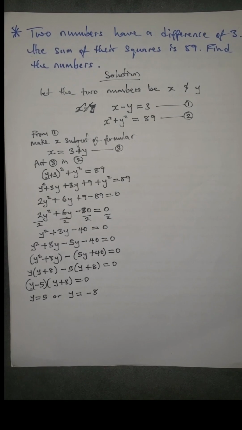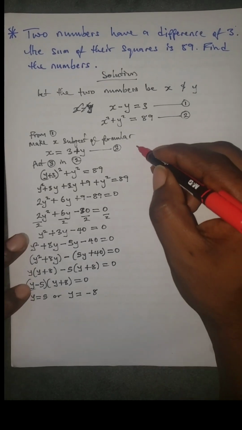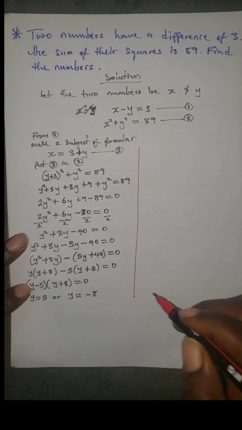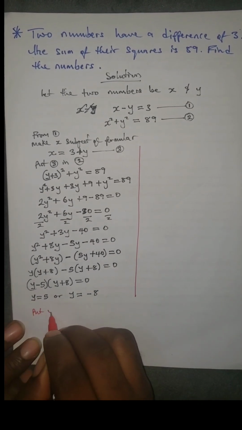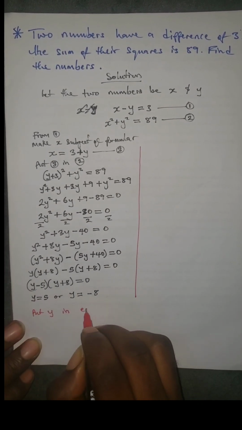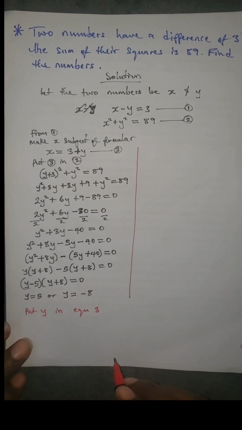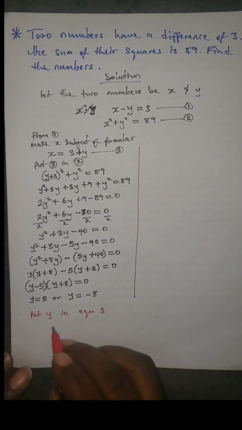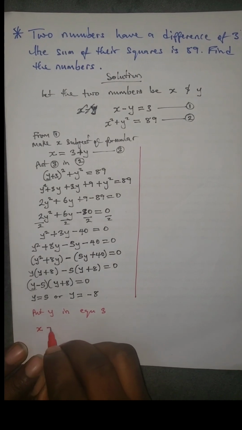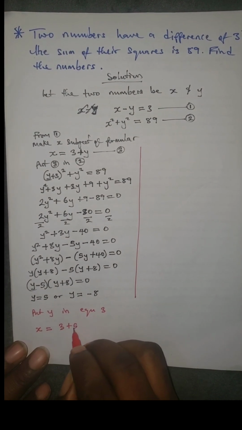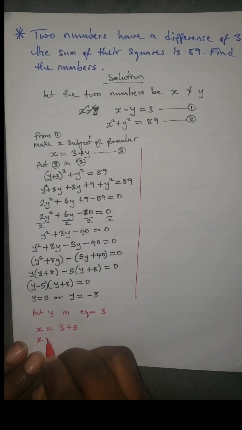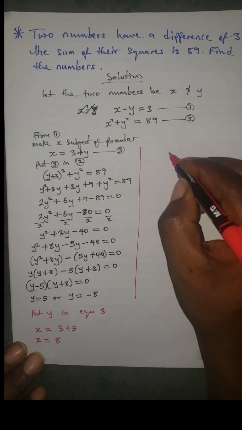Okay, so with that value now, we can go ahead and solve for x. So put y in equation 3. x will give me 3 plus 5. That means x equals 8.